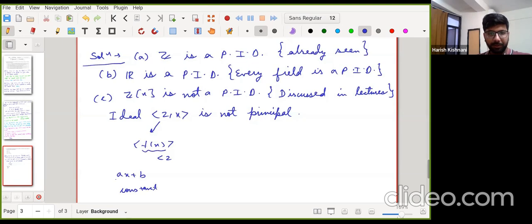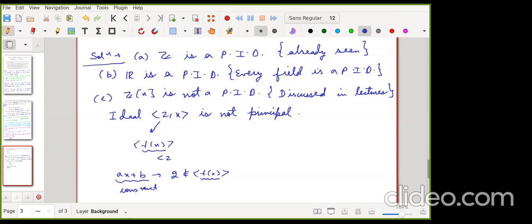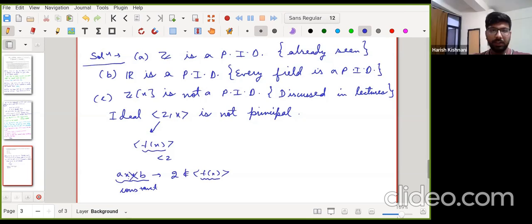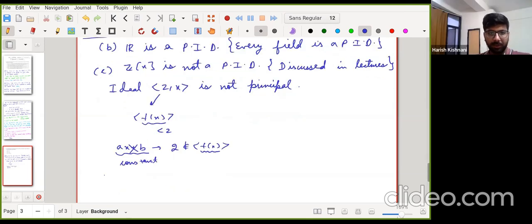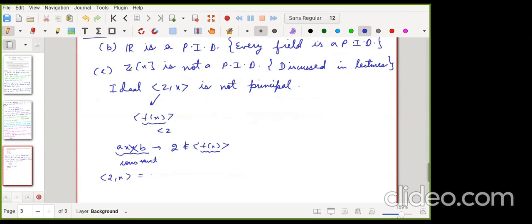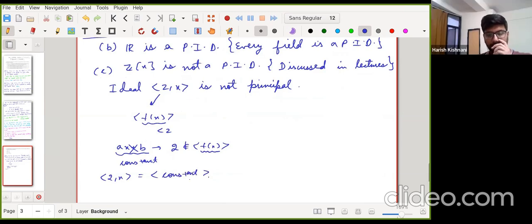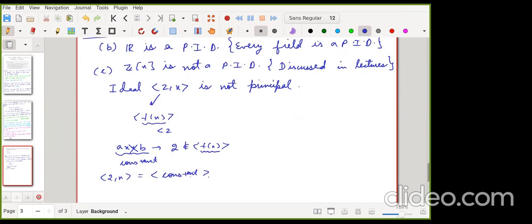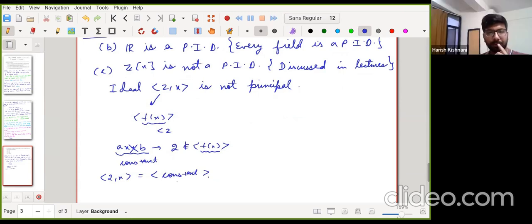If it's a linear polynomial, then 2 won't be inside it, because you will have multiples of ax plus b inside it, and 2 cannot be written as a multiple of that. So this option is also not possible. So the only thing is, this ideal (2, x) has to be generated by a constant polynomial, right? But there also you have a problem, because say you pick your constant to be, say, alpha.